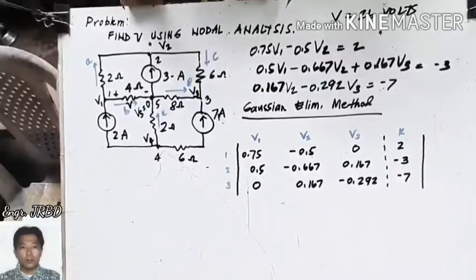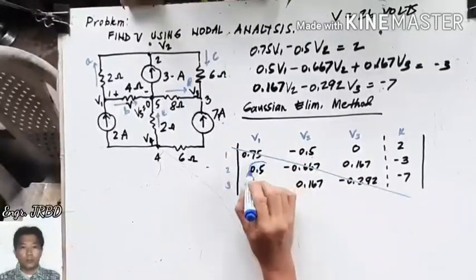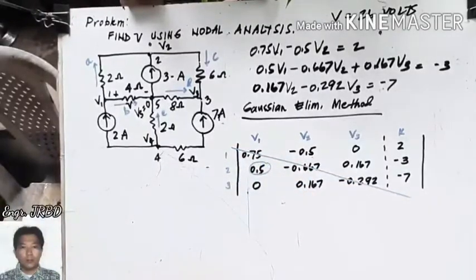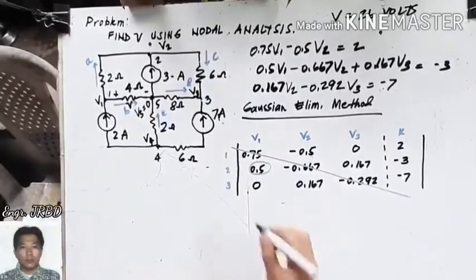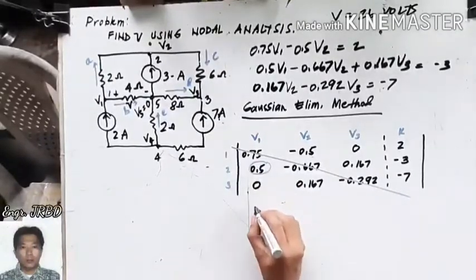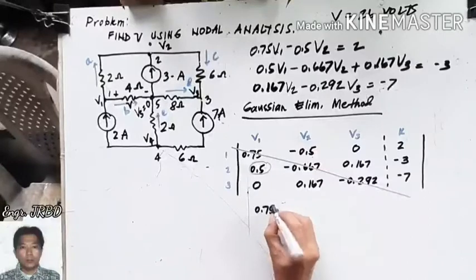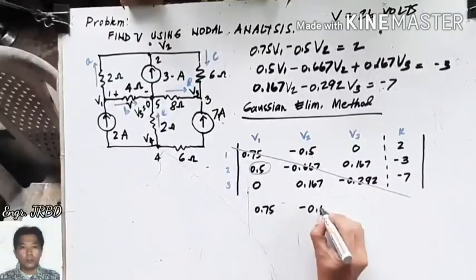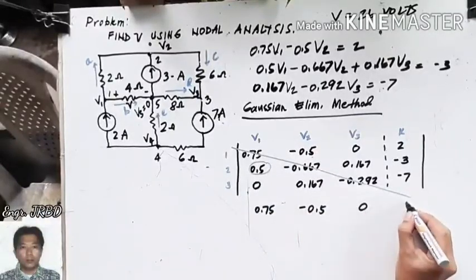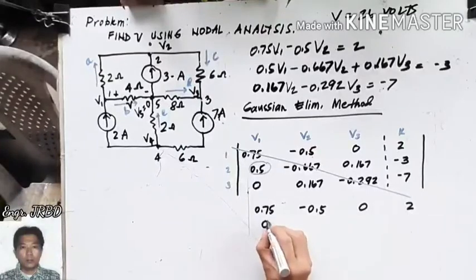Okay, so if you will try to draw a line connecting all your elements within the principal diagonal, this element must be converted into 0. Okay, so this will be 0.75, negative 0.5, 0, and 2. That is 0.